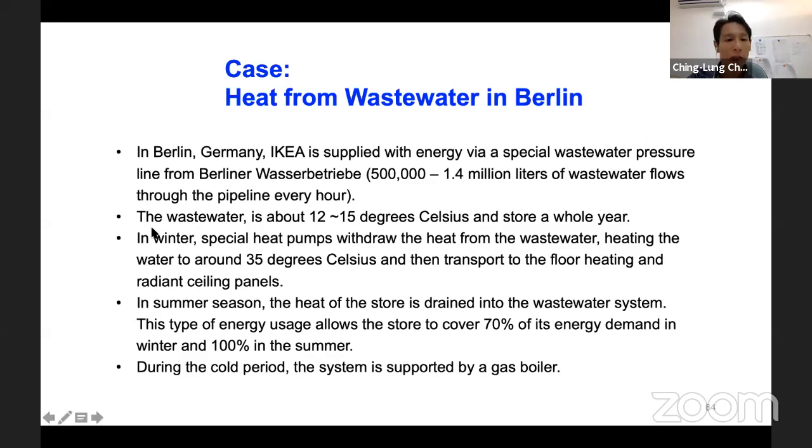In the winter, a special heat pump will withdraw the heat from the wastewater, and then the water is warmed to 35 degrees Celsius and transported to the floor heating and radiant ceiling panels. So they warm the water to 35 degrees C and use it to warm the whole facility.